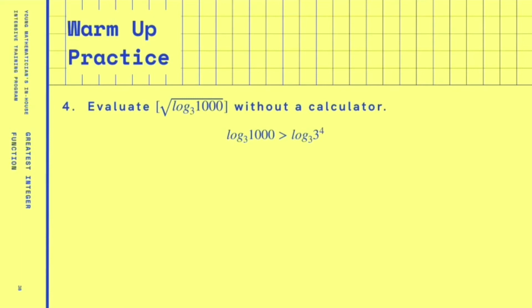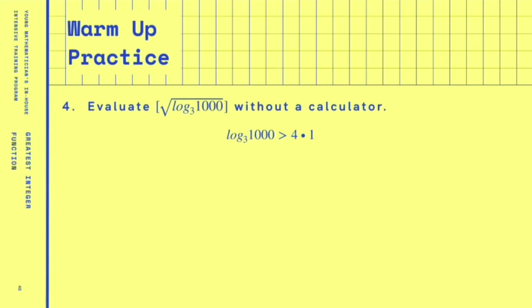Now recall your laws of logarithm. Log 3 to the 4th is simply 4 log 3, so we can write that as 4 log 3 of base 3. Now, log 3 of base 3 is just equal to 1. So now we have log 1000 of base 3 is greater than 4.